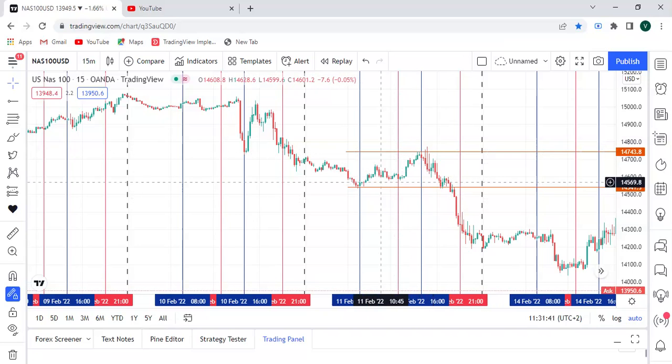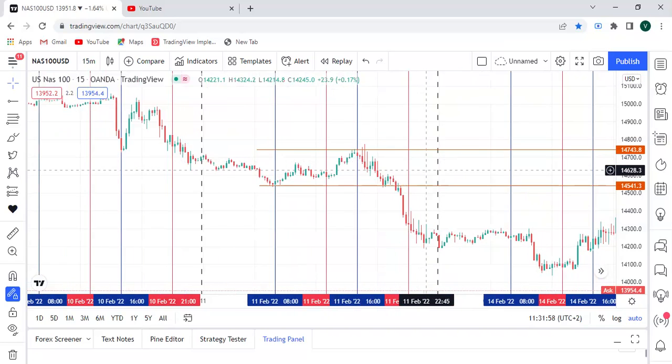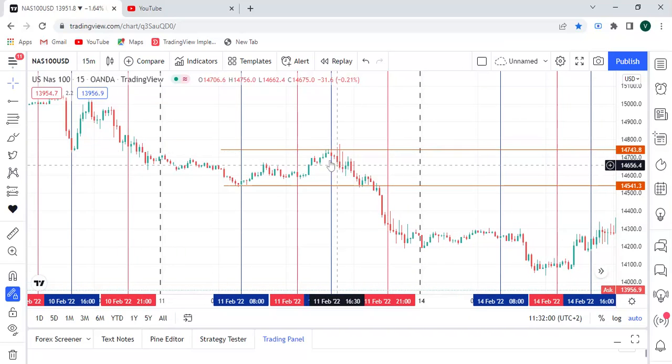What did we get here? Okay, we already know that our Asian session dropped a little. Then we got this move to the upside during the London session. During London session we got this rejection here.